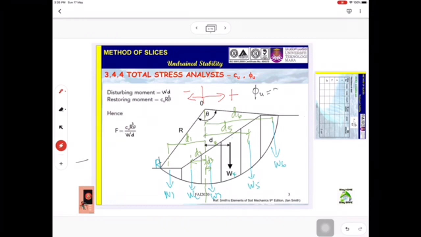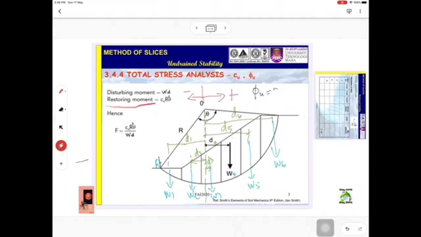For the disturbing moment, remember that for a moment we must have a force, which is W, and a distance, which is D.